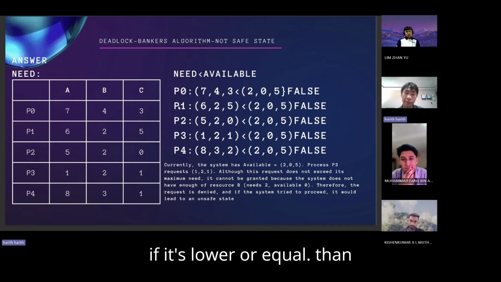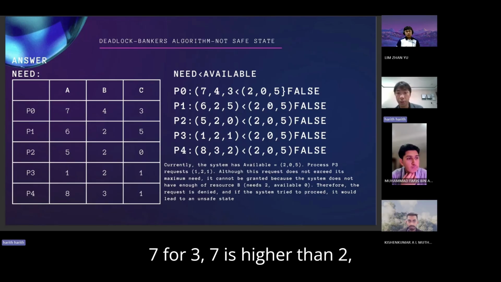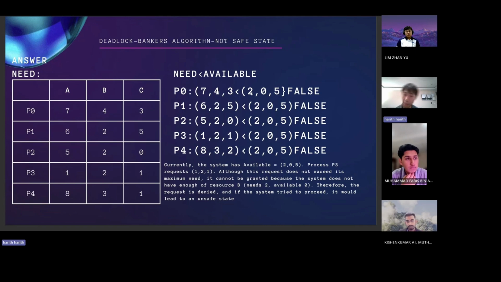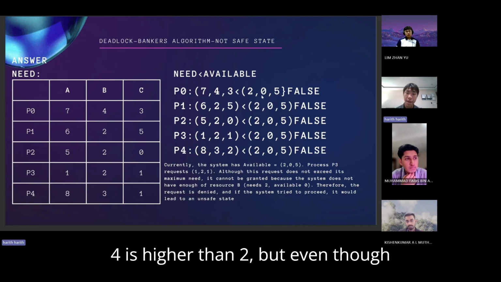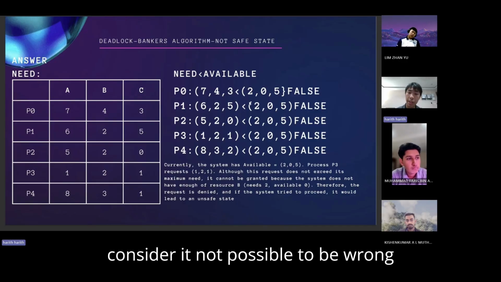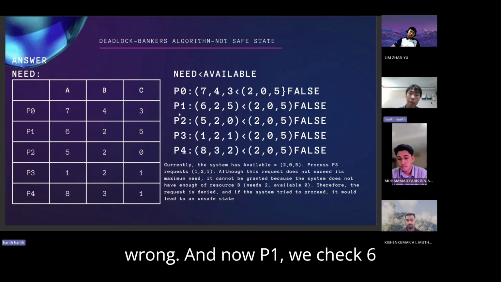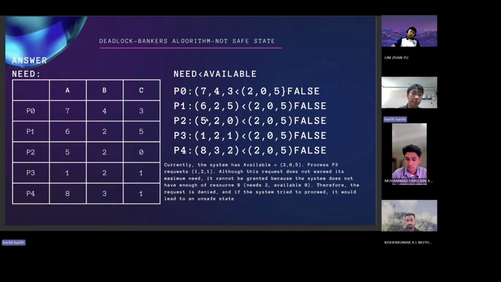We will check if it's lower than or equal to 2, 0, 5, which is false because 7 is higher than 2, 4 is higher than 2. But even though 3 is lower than 5, we still have to consider it not possible to be run because the first few numbers are already wrong.